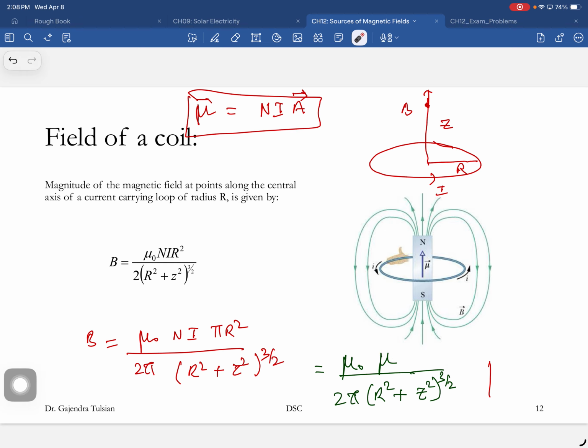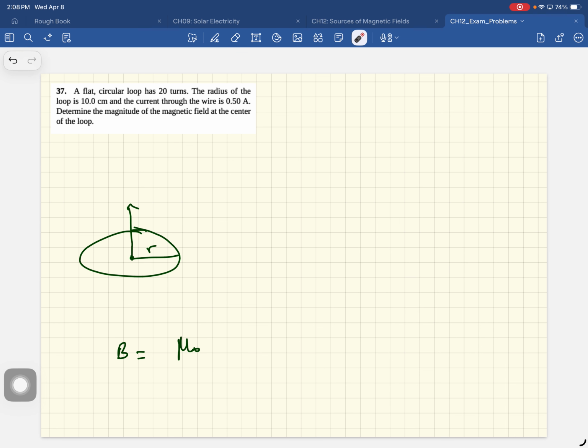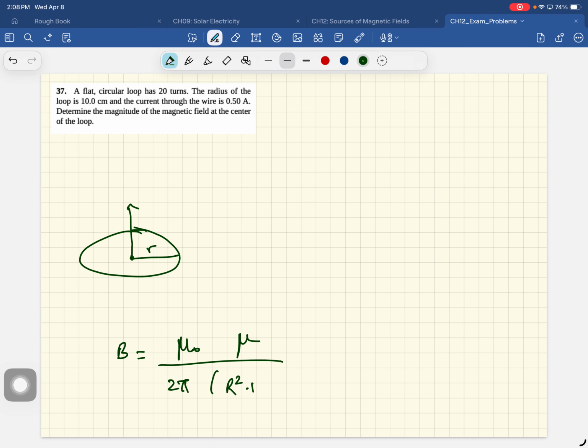Again, this guy is producing a field along the axis, so you stick your fingers out in the direction of the current and your thumb points in the direction of the magnetic field. At this point it's producing a field like that. We'll call this coil 1, coil 2.